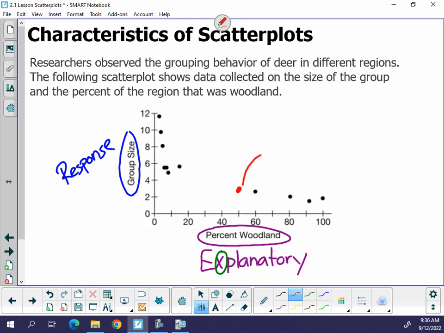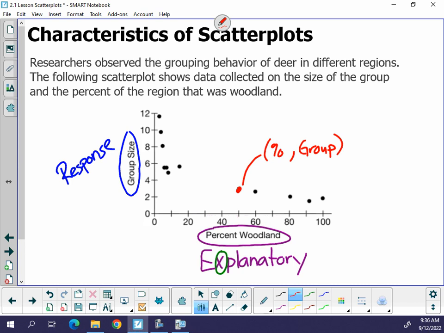So each data point has a percent woodland and a group size. It's going to have an X and a Y, and they are intentionally grouped together based on the region. So each one of those data points represents a region. It's going to have its percent woodland area and then its group of deer size.